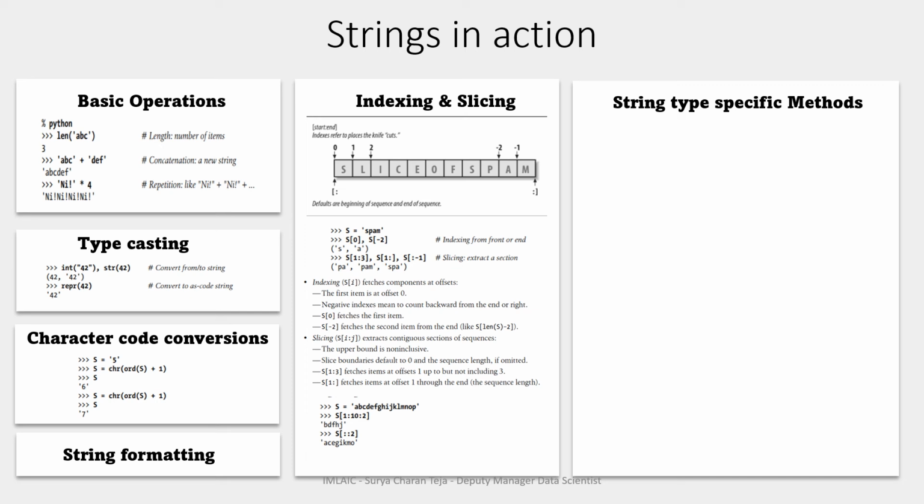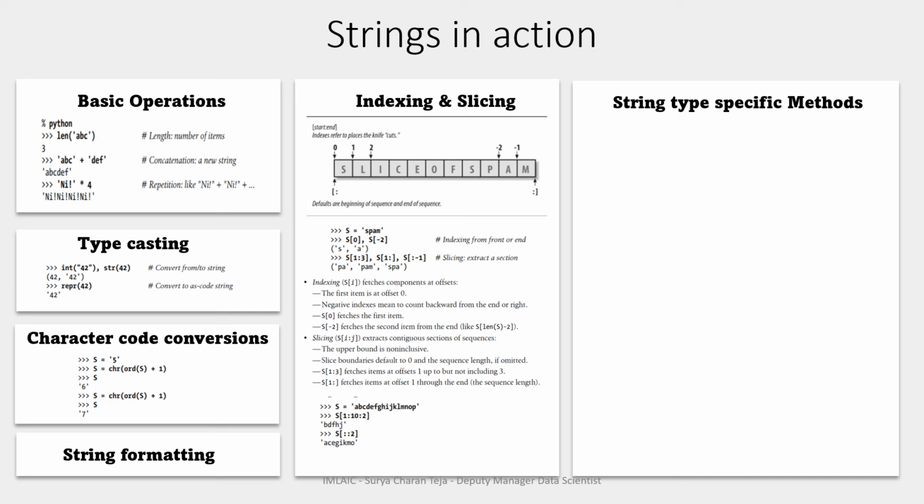Now you may get the doubt that we have used plus in ints, numeric data types, for addition, but now you are saying here we can use it for concatenation. Similarly, asterisk we have used for multiplication, but here it is for repetition. Why? This is what we call polymorphism in Python.